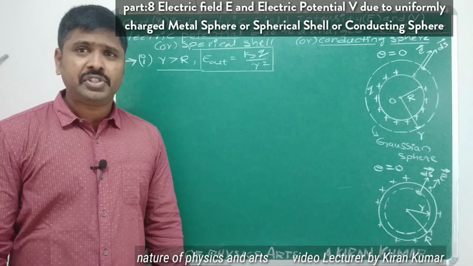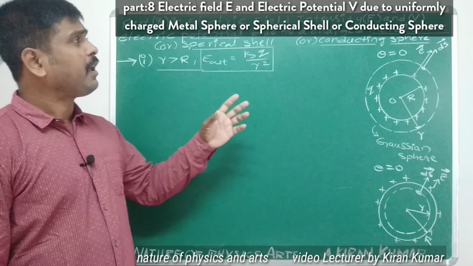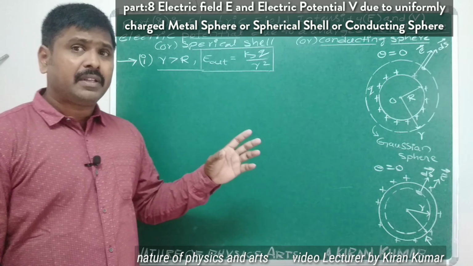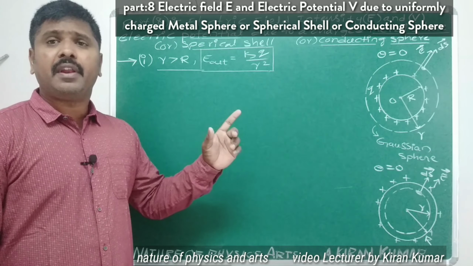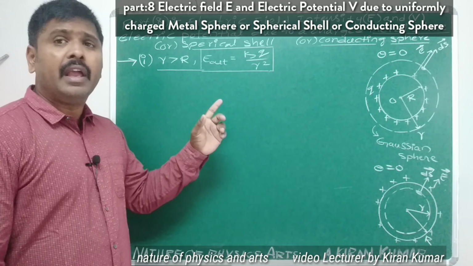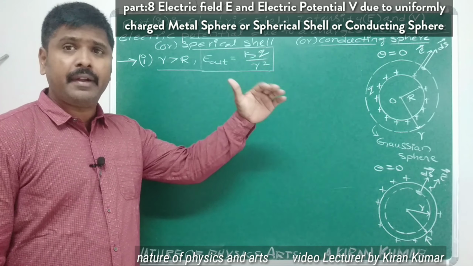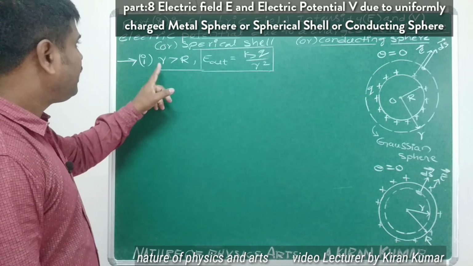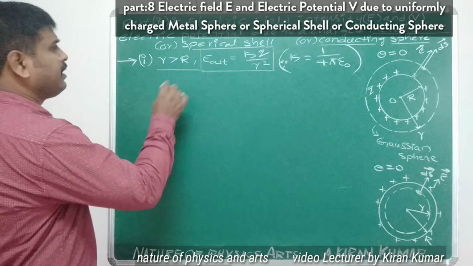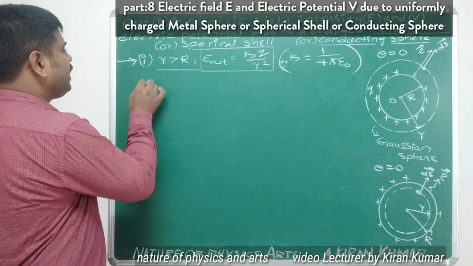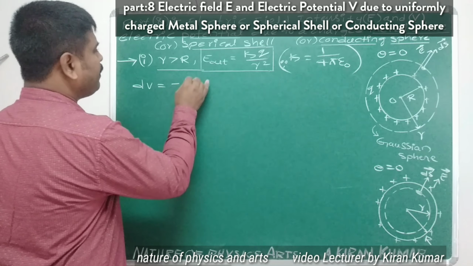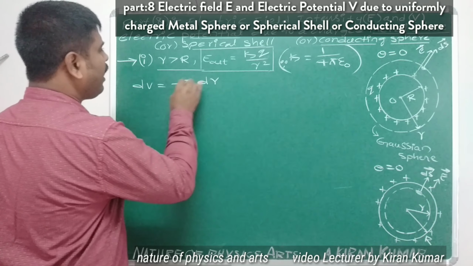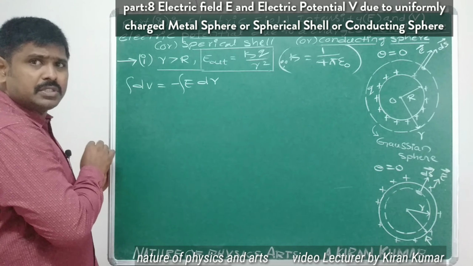And continuing, now the electric potential of a conducting sphere. For that I am using the E-V-d relation. We already got the electric field intensity outside, on and inside the spherical shell. So the first condition is small r greater than capital R. Here the relation is dV equal to minus E dr, integrating on both sides.